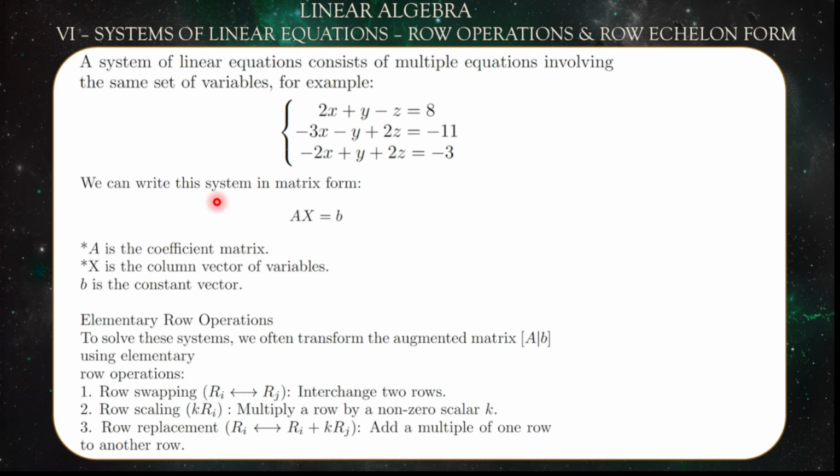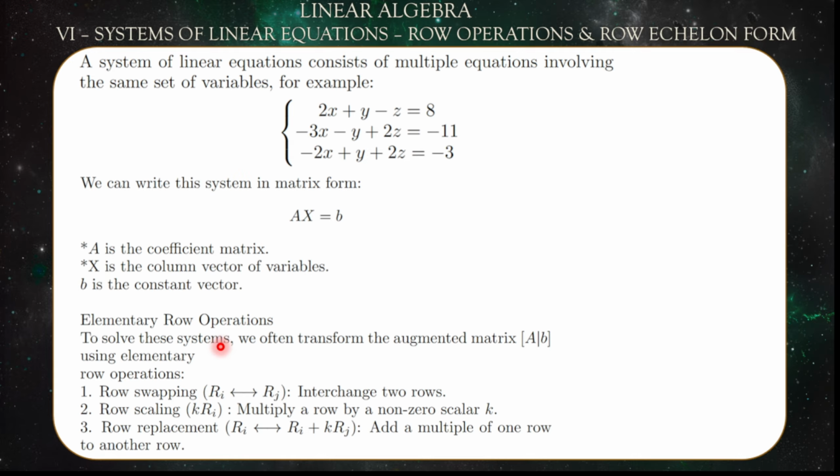So we can write this system in matrix form, which is A times x equals b, A being the coefficient matrix, holding 2, minus 3, minus 2, 1, minus 1, 1, minus 1, 2, 2. X is the column vector of variables containing x, y, and z. And B is the constant vector containing respectively 8, minus 11, minus 3.